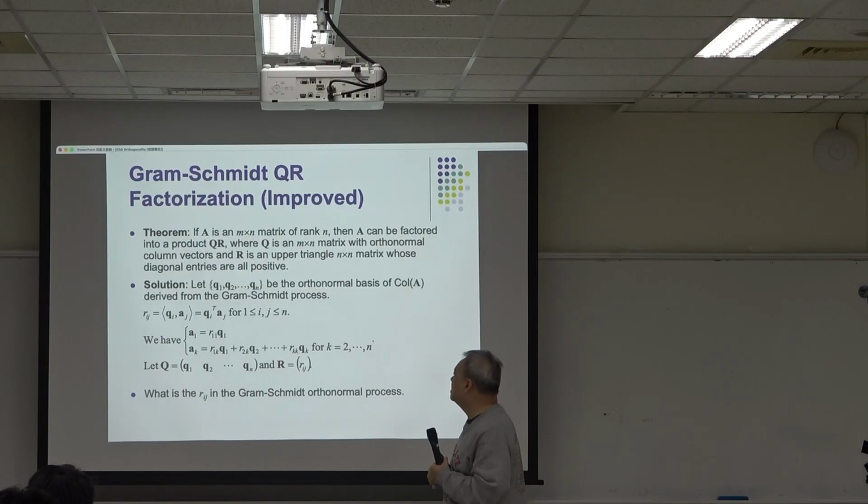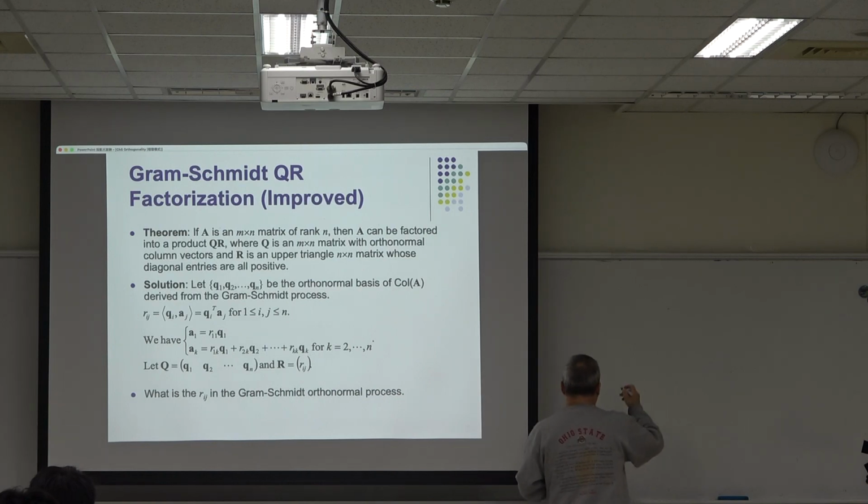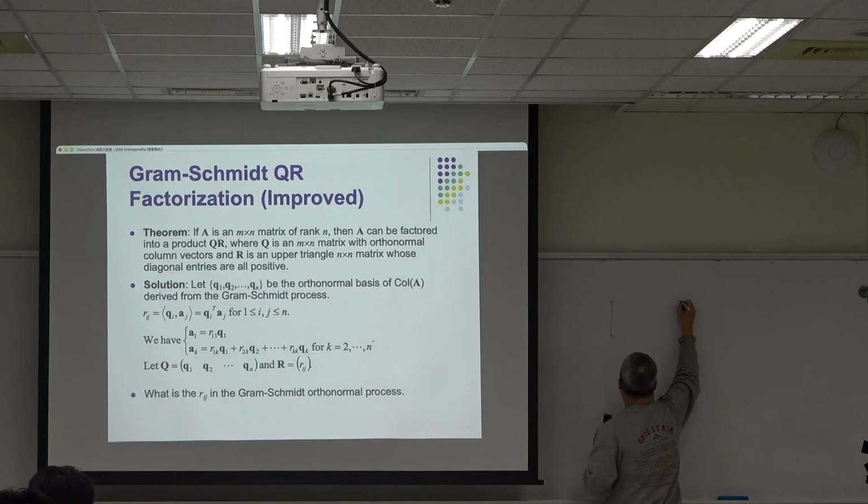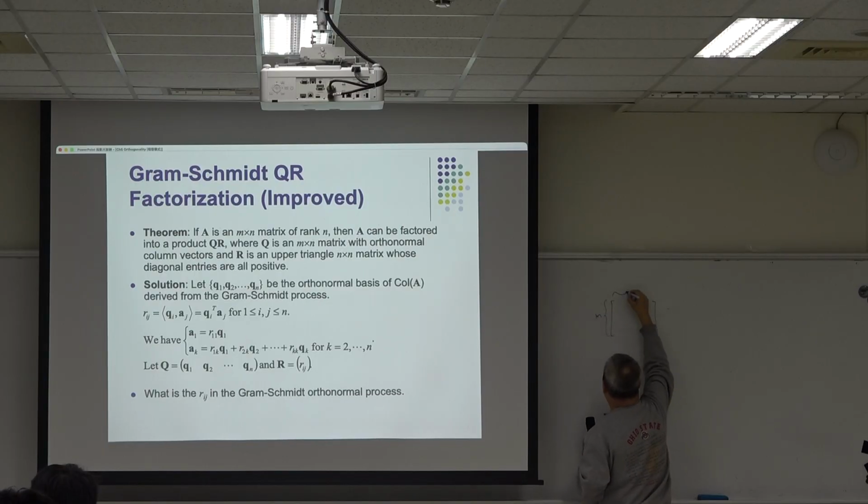First, this is m times n, right? We have m rows and n columns.